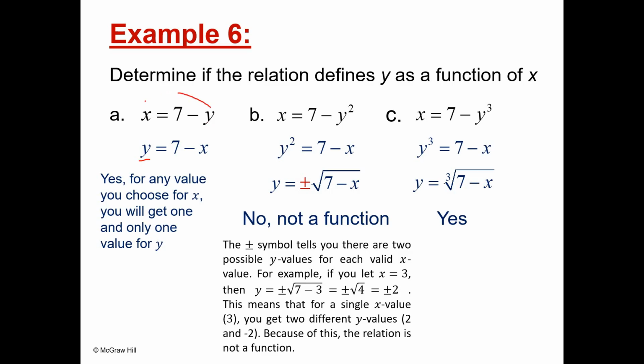So we'll move minus y to the left side, and it becomes positive y, and move x to the right side, we get 7 minus x. So this is our relation that we need to investigate whether it is a function or not.